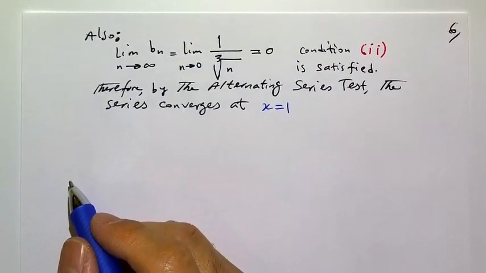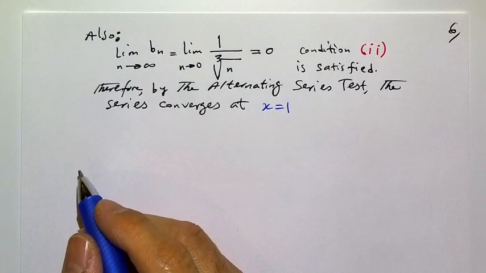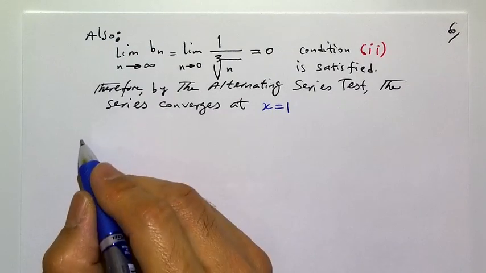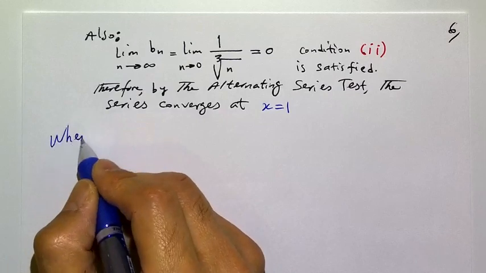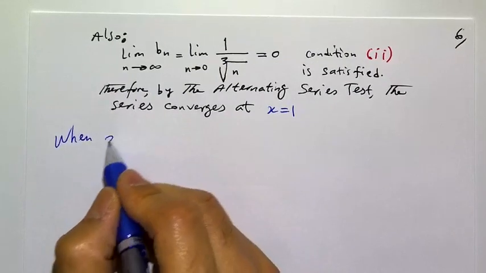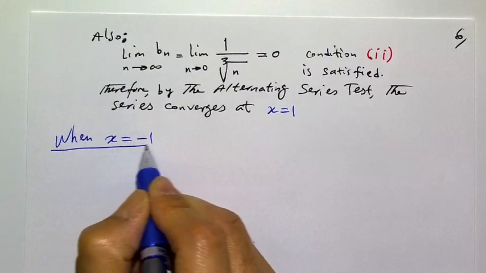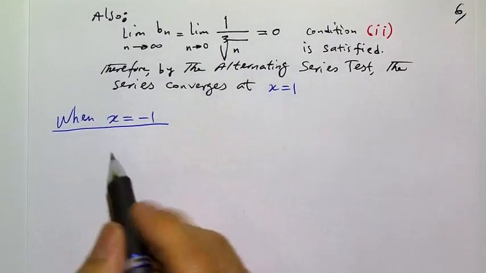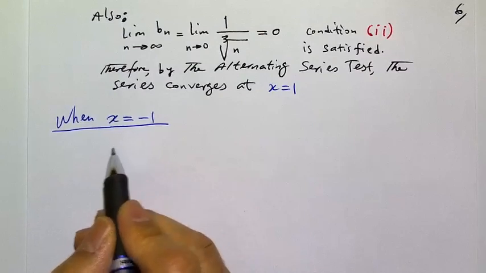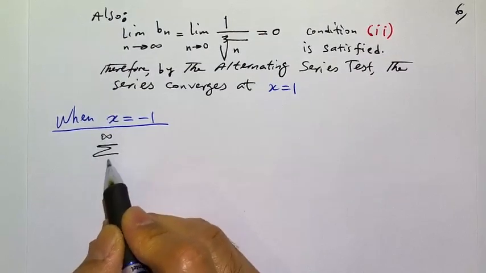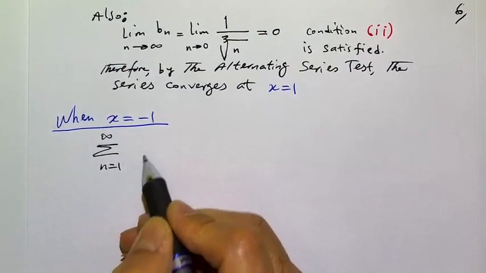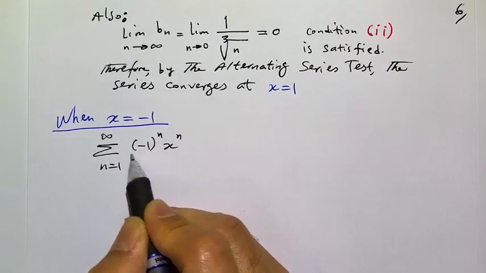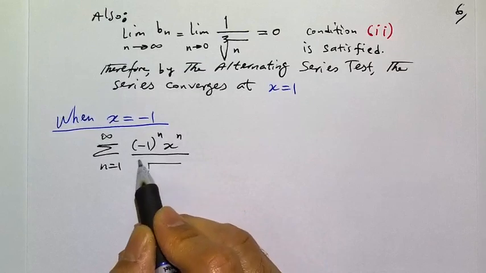So now we will look at when x is equal to -1. When we started with this series, since it's off the screen, I don't mind rewriting it so we know what we're doing here, with the third root of n.